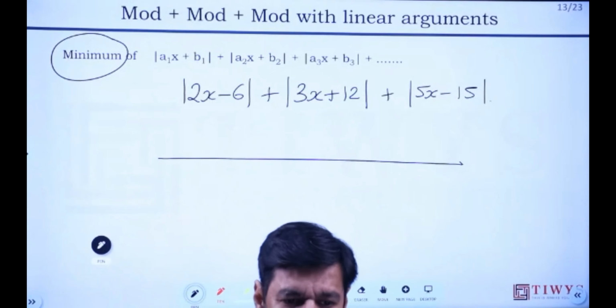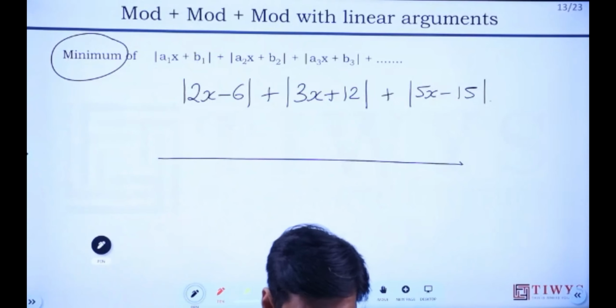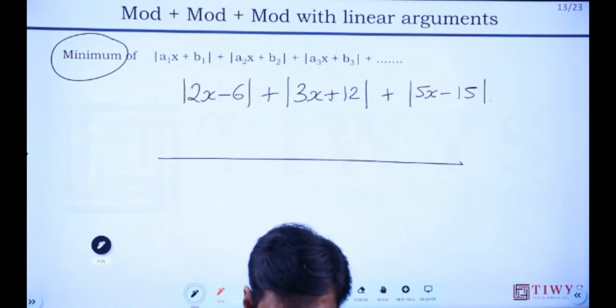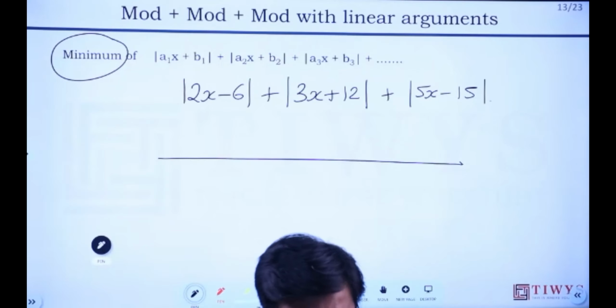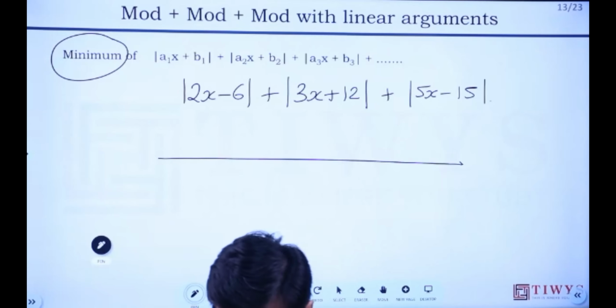The question is, find the minimum value of this. Your time starts, I'll give you 2 minutes. Don't rush, students. 2 minutes is a lot of time if you don't panic.